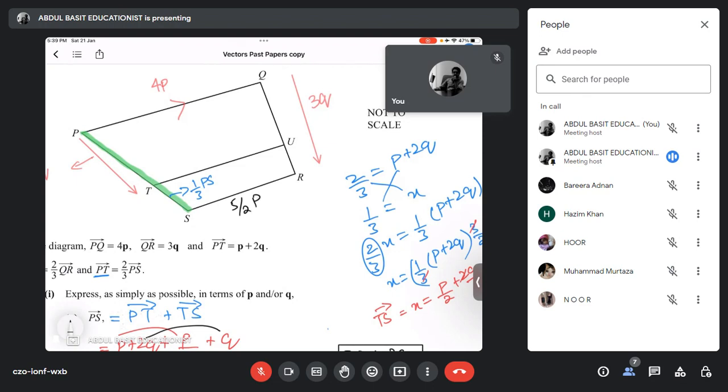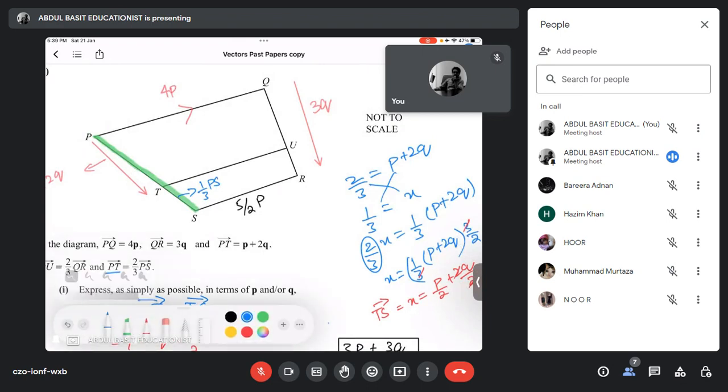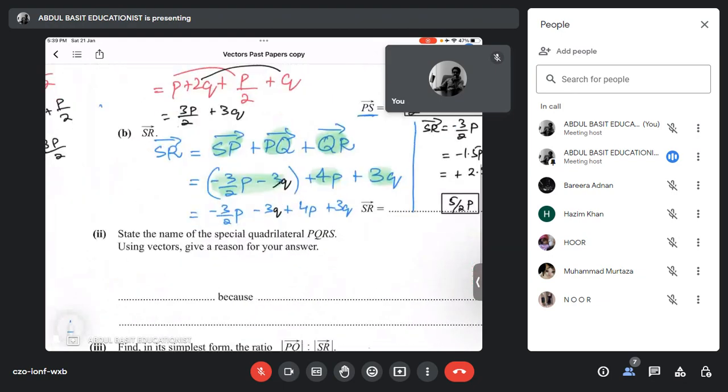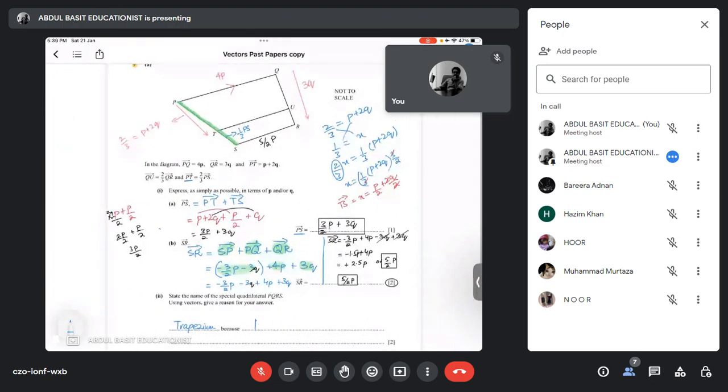So this means PQ and SR are parallel, so this quadrilateral is a trapezium, because PQ is parallel to SR, for 2 marks. Is this clear?